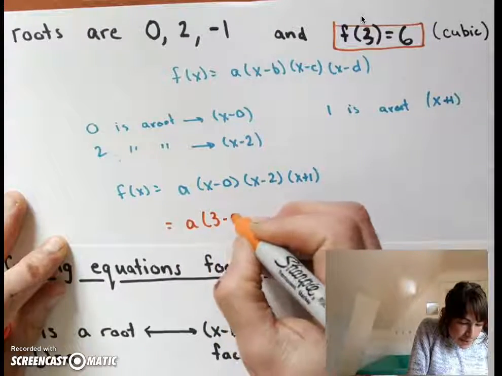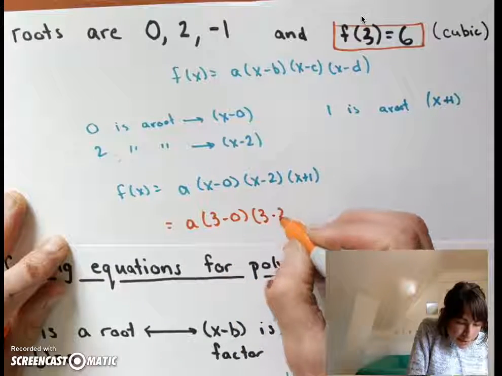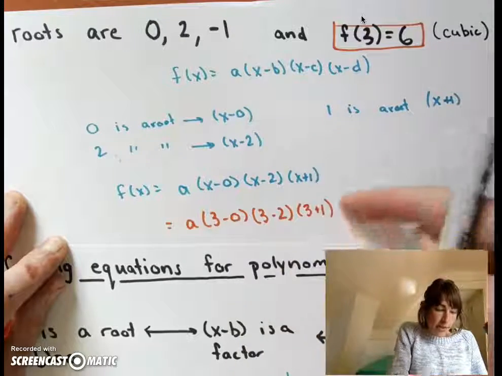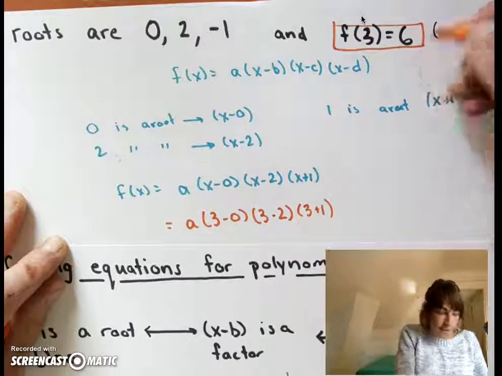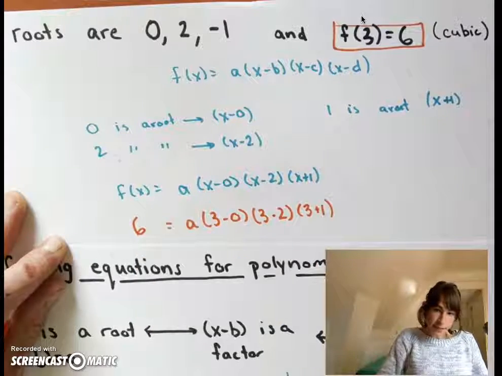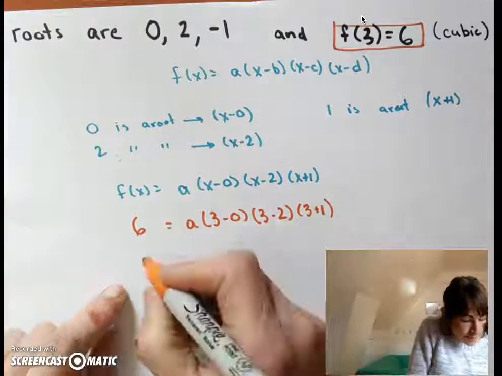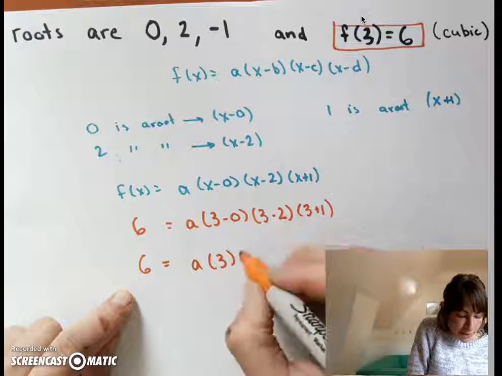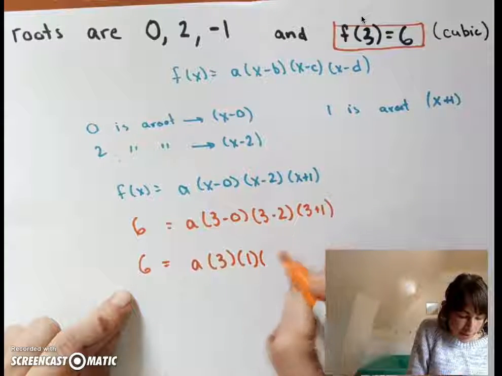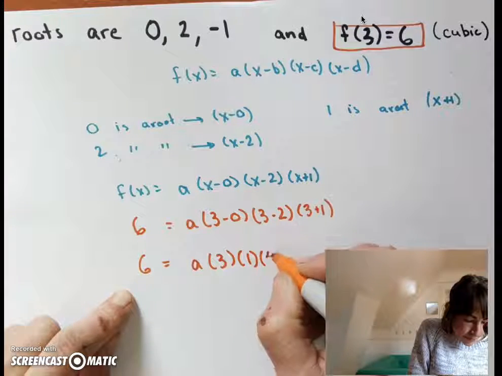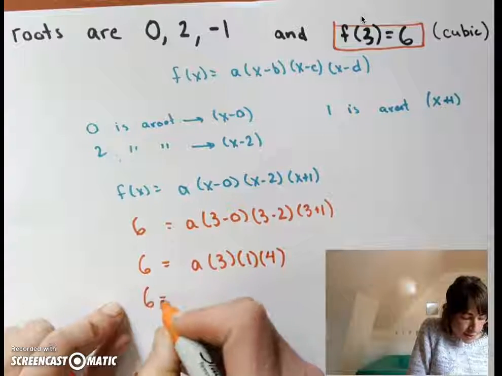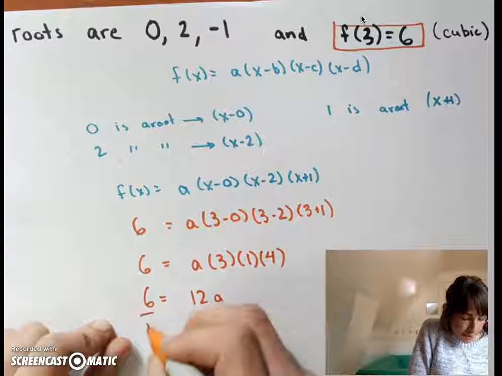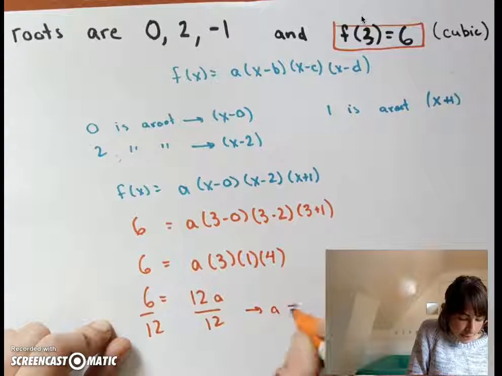So I have 3 minus 0, 3 minus 2, and 3 plus 1. And since when I plug in 3 for x, I'm supposed to get 6, I set this equal to 6. And now I solve for a. So a times 3, 3 minus 2 is 1, times 1, 3 plus 1 is 4. So 6 equals 12 times a. So divide both sides by 12, and I find that a equals 1/2.